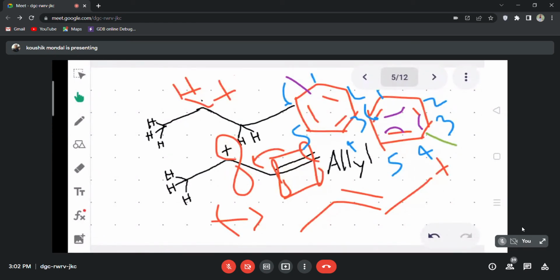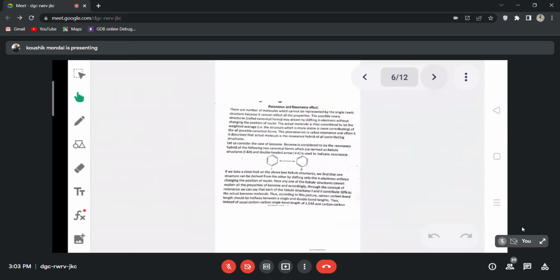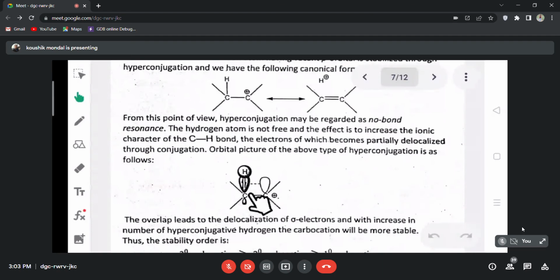For hyperconjugation, the bond needs not to be a pi bond. This hyperconjugation can be possible if beside a C-H bond there is a carbocation or a pi bond. Then the electron from this sigma bond can be delocalized to the pi bond, as shown here.